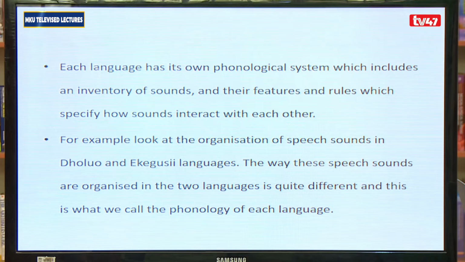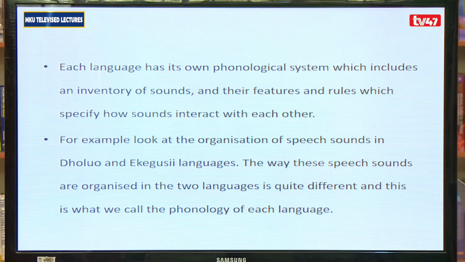For example, look at the organization of speech sounds in Luo and Ekegusi languages. The way these speech sounds are organized in the two languages is quite different. And that's why we talk about the phonology of each language.